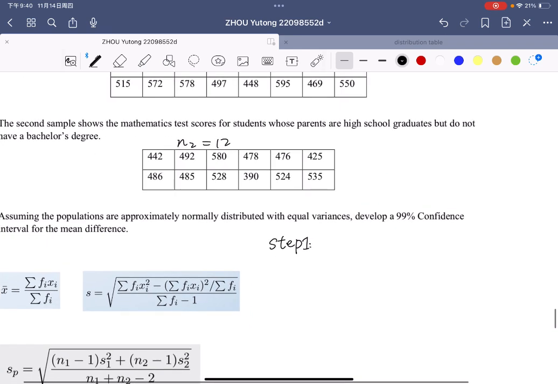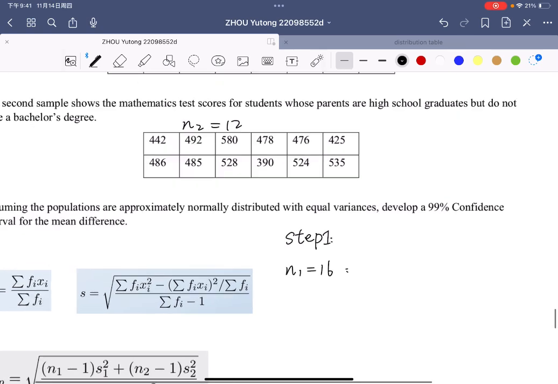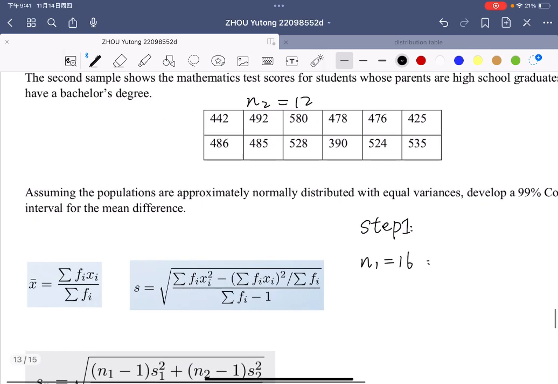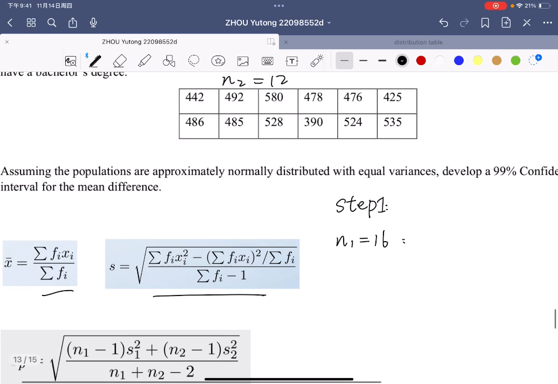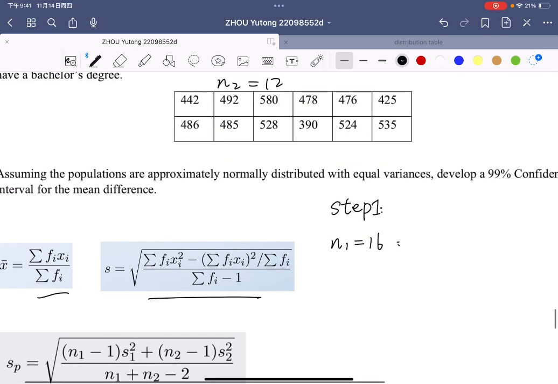We already have set 1 with n equals 16, and we can calculate the sample mean and sample standard deviation by these two formulas, or you can just directly use your calculator.